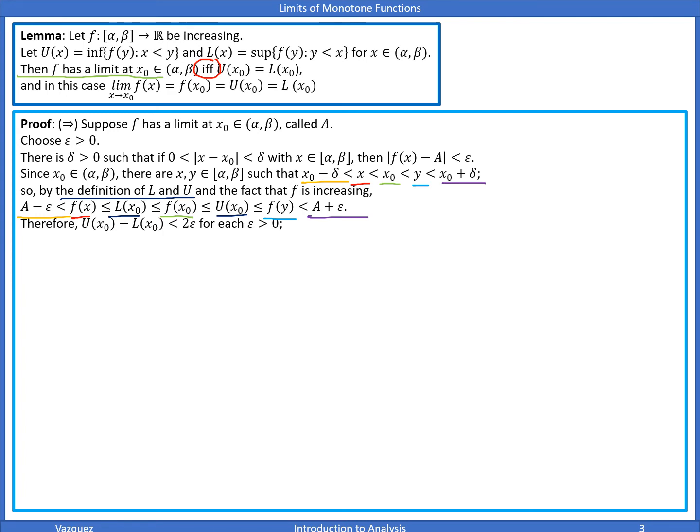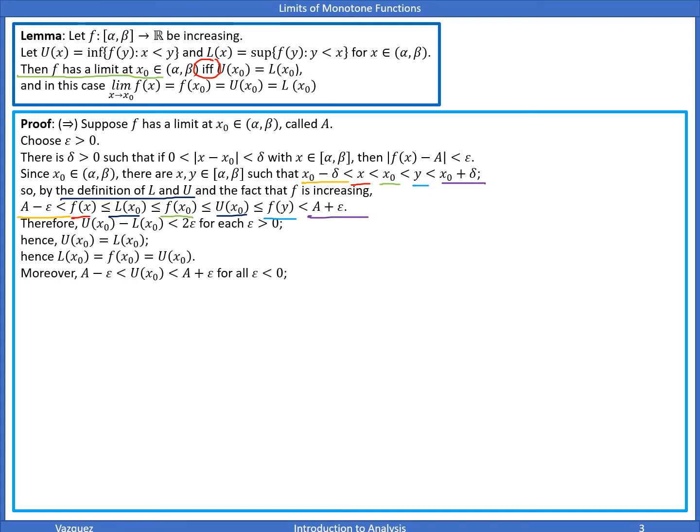Well, therefore, U and L are in our epsilon neighborhood. So the difference is less than 2 times epsilon for epsilon greater than 0. And because we can make epsilon arbitrarily small, U of x naught is equal to L of x naught. Thus proving that L of x naught is equal to f of x naught, which is equal to U of x naught.